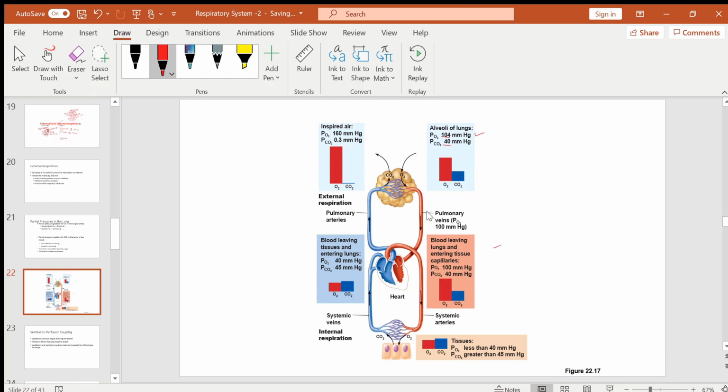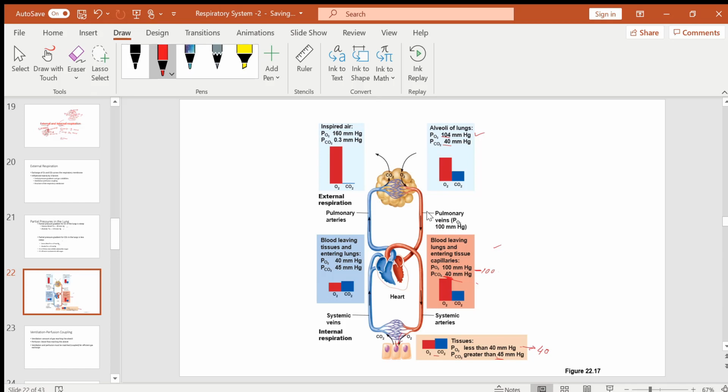And in the tissue, the pressure of carbon dioxide inside the tissue is 45, and in the blood is 40, so the difference is 5. And here the oxygen pressure in the blood is 100, and in the tissue is 40. So 60 millimeter of mercury pressure will give the oxygen to the tissue.